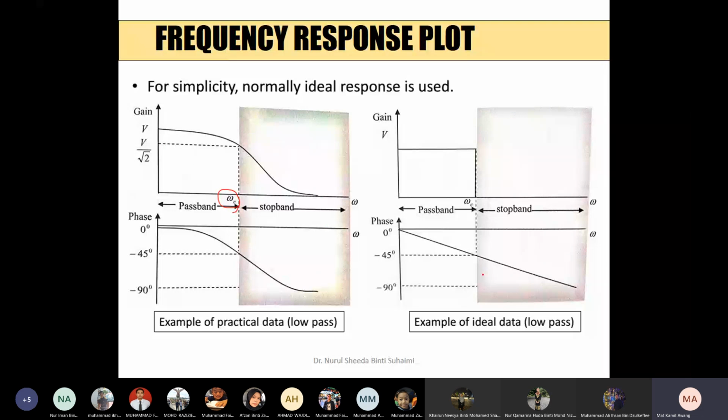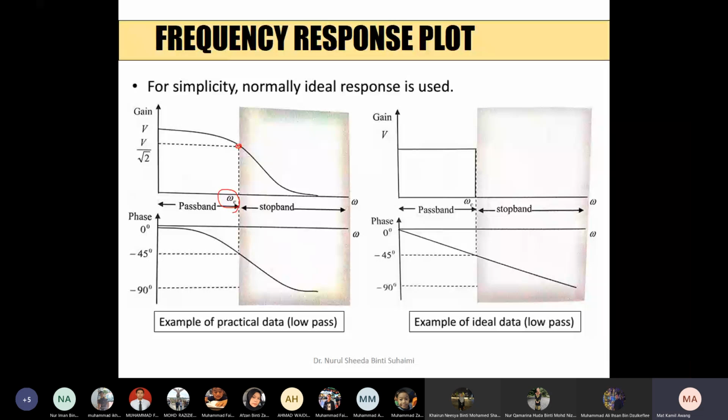And for an ideal low pass filter, it has a very sharp drop here. Anything below omega c, it passes all the signal without attenuation, whereas in the practical one, it attenuates the signal. At this point, it's actually about a 3 dB drop.